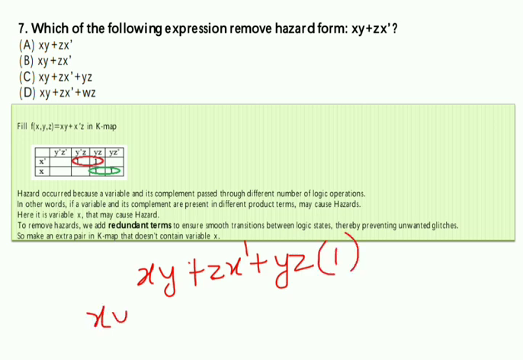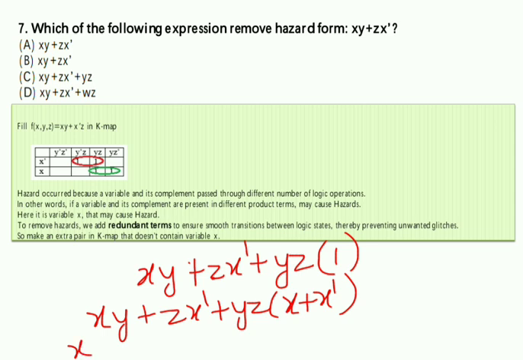So xy plus zx dash plus yz into x plus x dash. If you open the parenthesis here, we'll get xy plus zx dash plus xyz plus x dash yz.